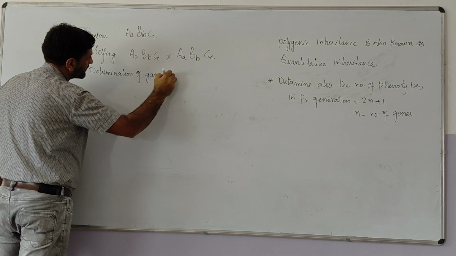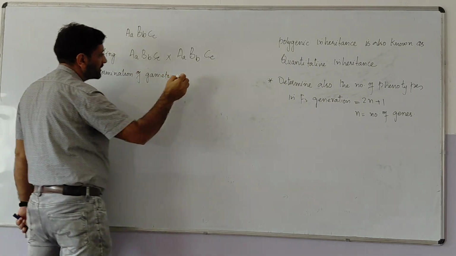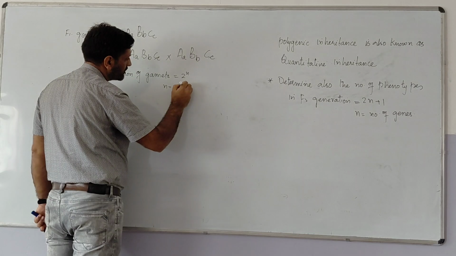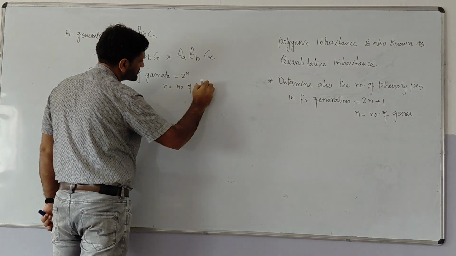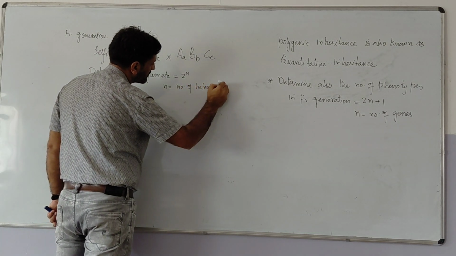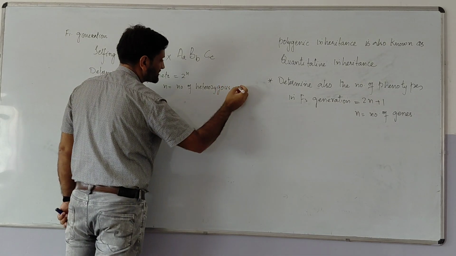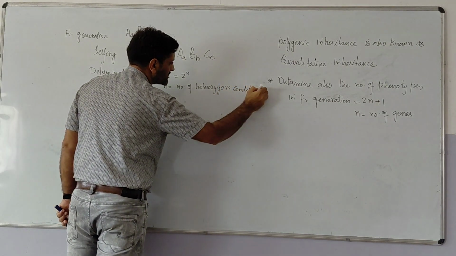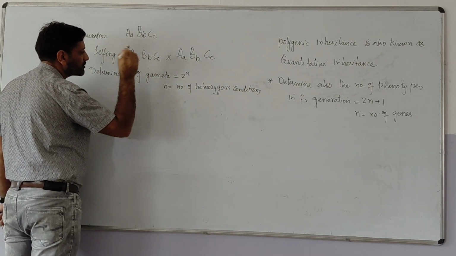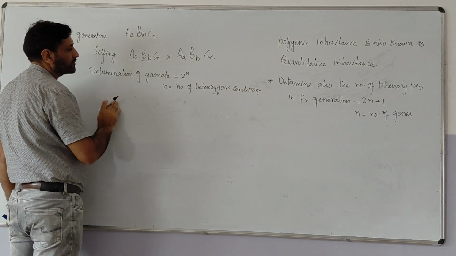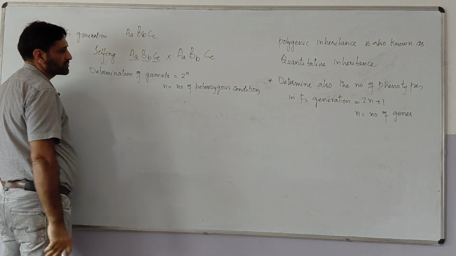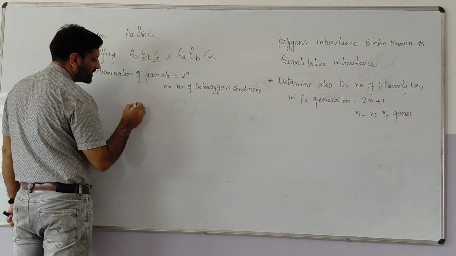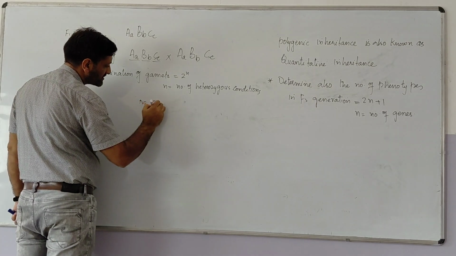We know the formula: it will be 2 raised to the power n, where n is equal to the number of heterozygous genes, or heterozygous conditions. If we see here, this is one heterozygous condition, this is the second, this is the third. So our heterozygous conditions are 3, then it will have the number of gametes.